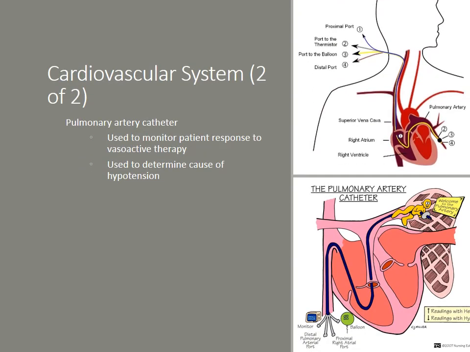Pulmonary artery catheters. Pulmonary artery catheters are important in managing hypovolemia or shock. PCWP, or pulmonary capillary wedge pressure, and central venous pressure, or preload, can all be measured indirectly using a device called a pulmonary artery catheter.